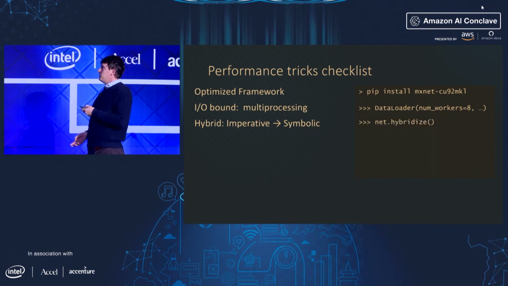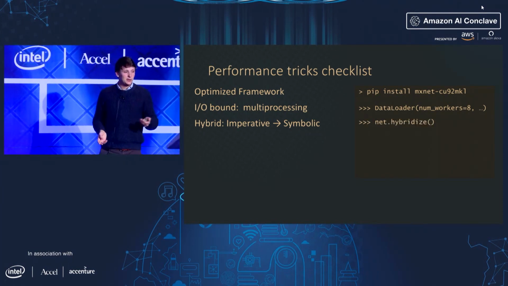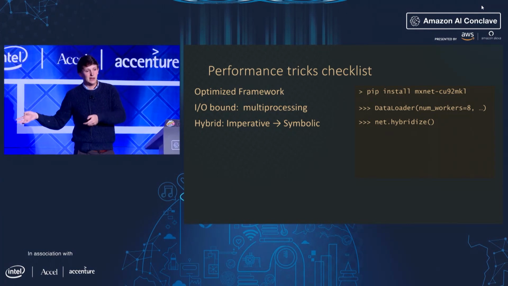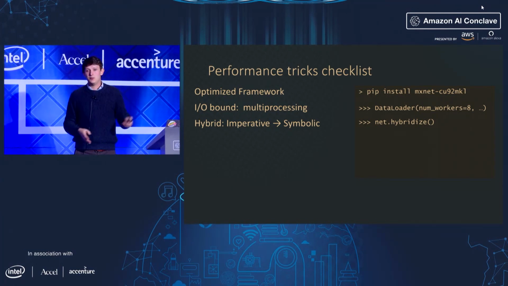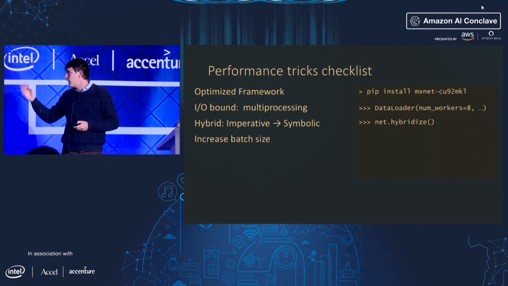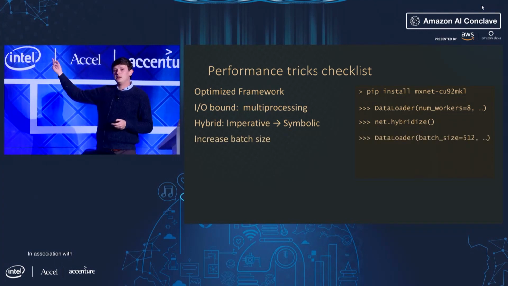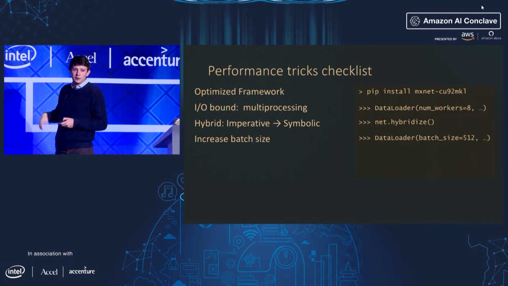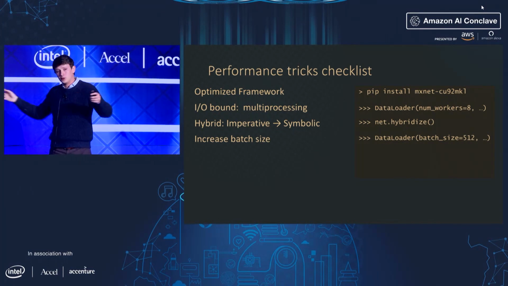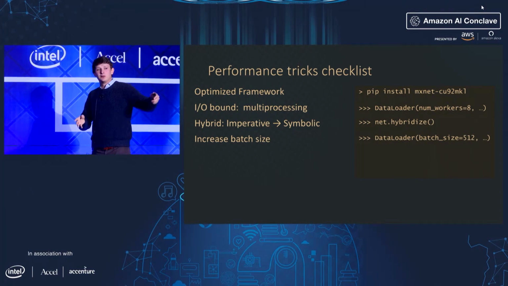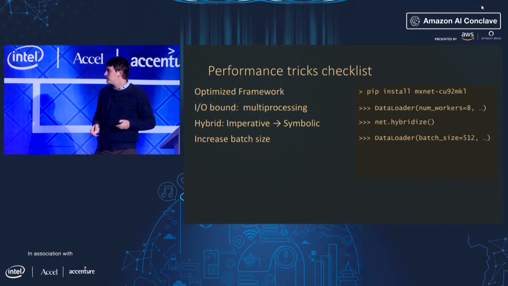The hybridization that we talked about, which is this great feature that goes from imperative and dynamic graph to symbolic one, is just one line. You just say hybridize. To increase the batch size, just one argument of your data loader. You just say as much as you want, and then it's going to prepare these batches asynchronously on multiple workers.